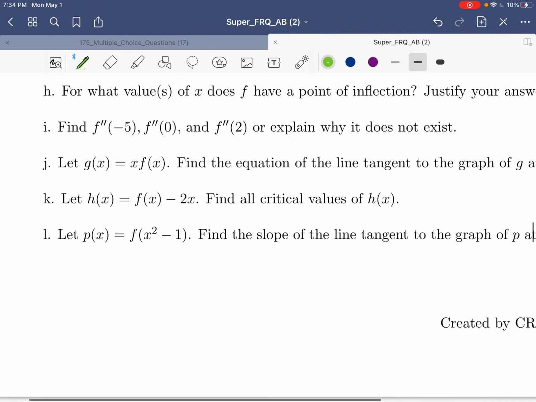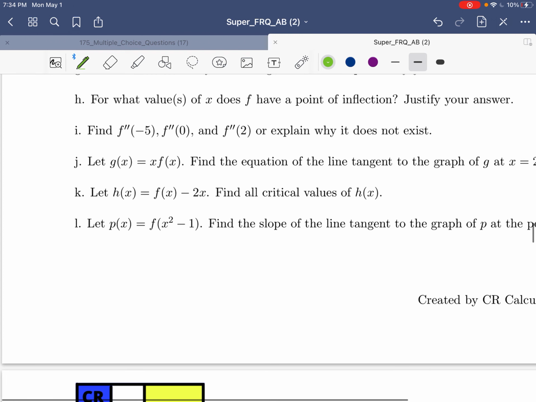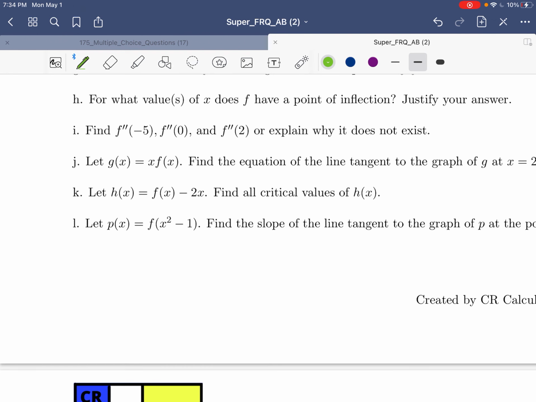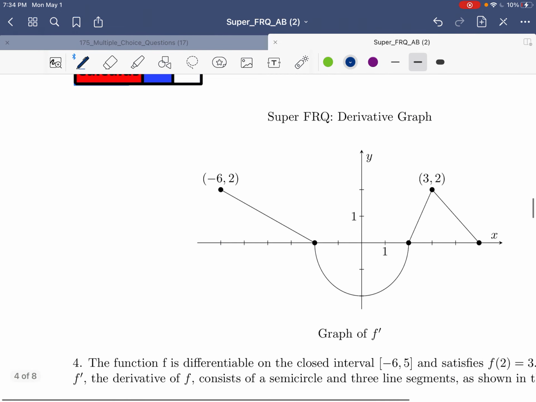All right, h of x equals f of x minus 2x. Find the critical values of h. That means I need to figure out where the first derivative equals 0. So h prime of x equals f prime of x minus 2. If I set this equal to 0, I'm really looking for where f prime of x equals 2.